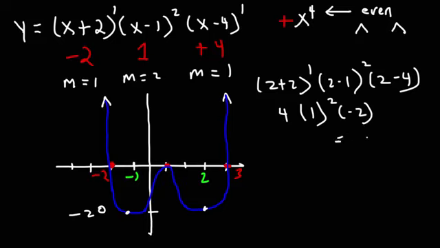So for this one, we get -8, which is not as low as -20. Let's try this one. Let's try 1. Actually, you know what? I put the wrong number. I take that back. I see the mistake I made. This is 3, and this intercept should be 4.